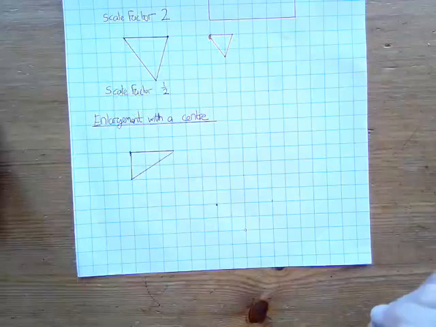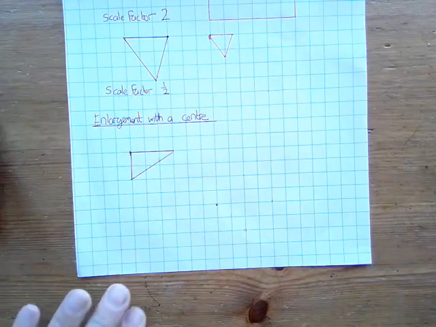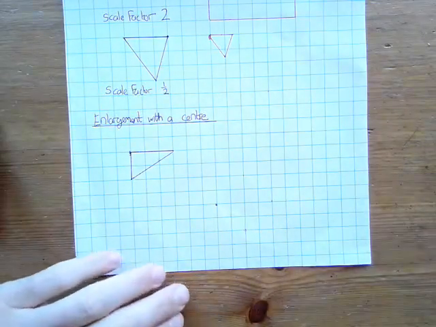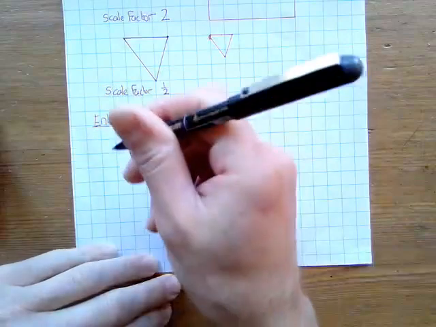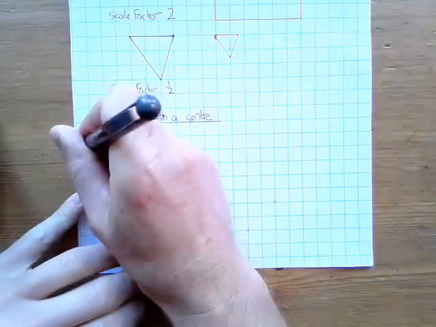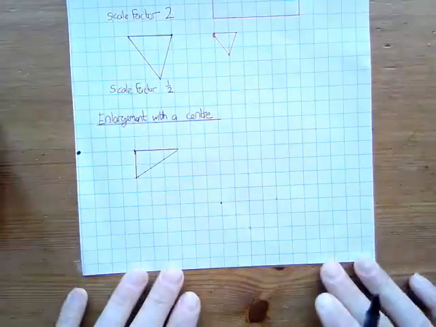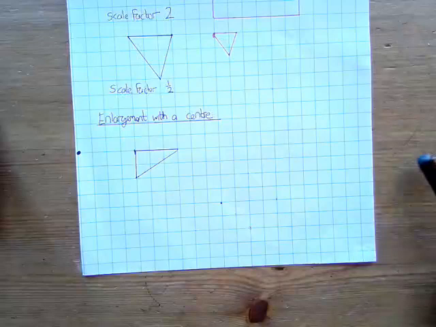And it's not always that easy to see where the shape will end up. Okay, so I'm going to put my centre of enlargement right on the corner of my page here. Just about fit it in there. Okay, and we're going to see where it ends up.